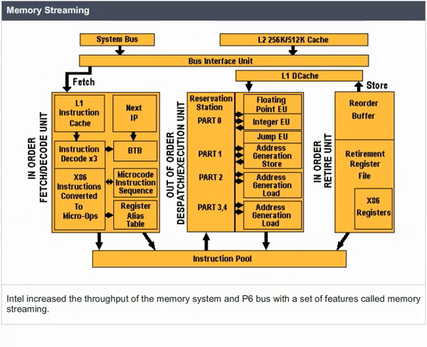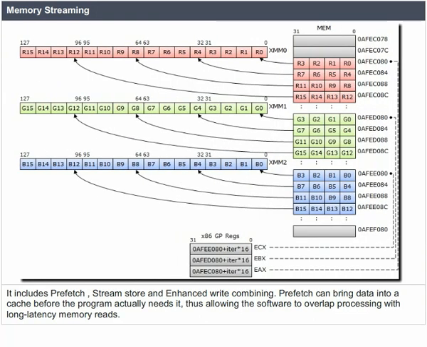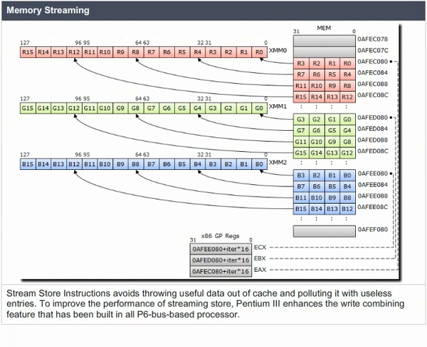It includes prefetch, stream store, and enhanced write combining. Prefetch can bring data into the cache before the program actually needs it, thus allowing the software to overlap processing with long latency memory reads. Stream store instructions avoid throwing useful data out of cache and polluting it with useless entries. To improve the performance of streaming store, Pentium 3 enhances the write combining feature that has been built into all P6 bus-based processors.